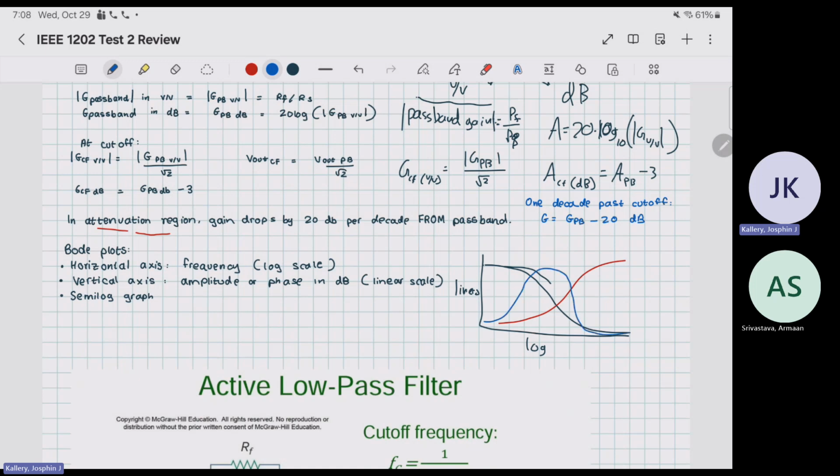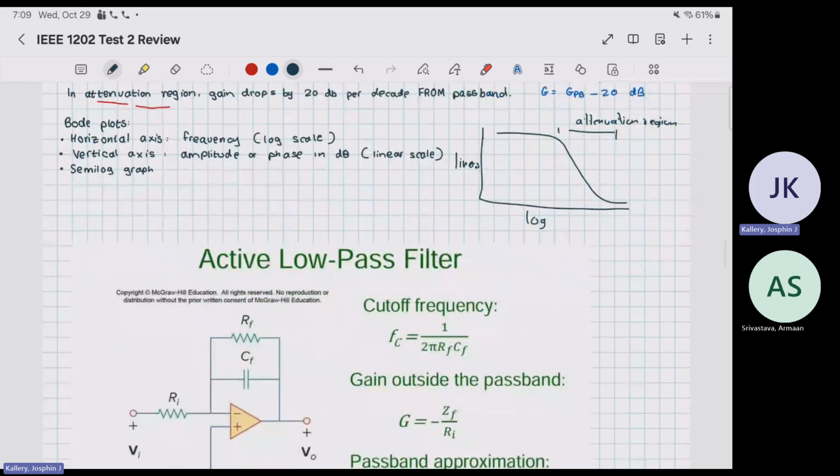The attenuation region is the slope region where stuff starts falling off. If this is a low pass filter, this is the attenuation region. Every decade you increase or decrease from your cutoff frequency, you subtract 20 decibels from your gain.